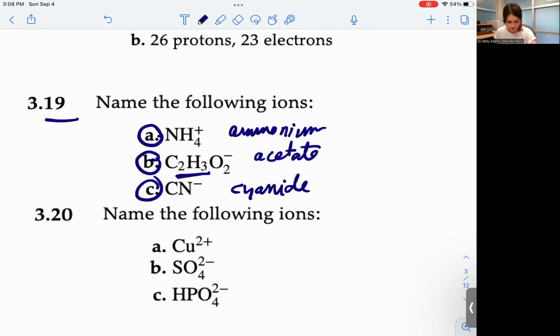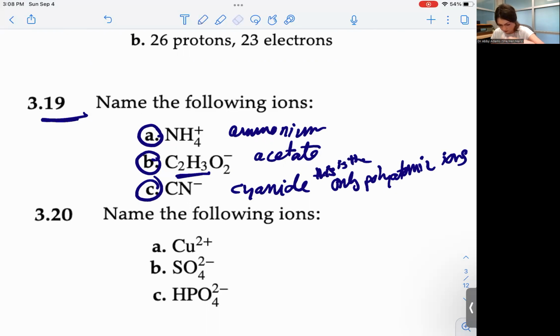So you have your polyatomic ions. Remember, you're going to have a table for these, and I'm going to help you with those. I'm trying to tell you that this is the only polyatomic ion, excuse me, I'm tired today, that is going to end in "ide."